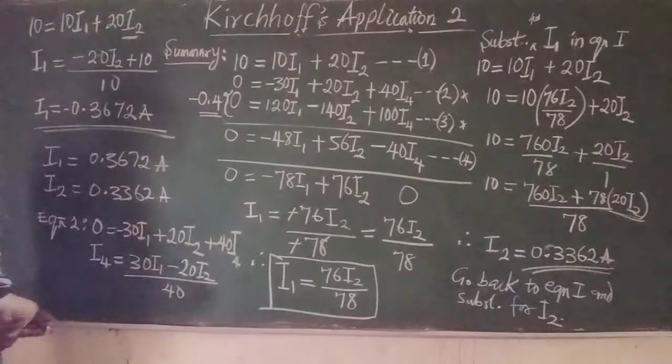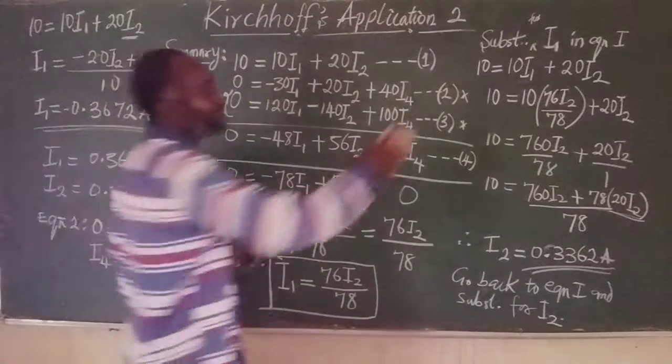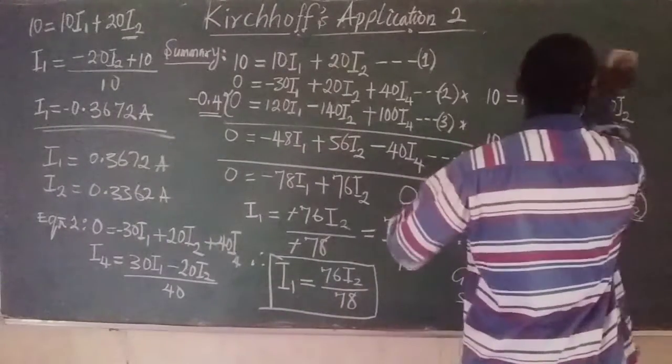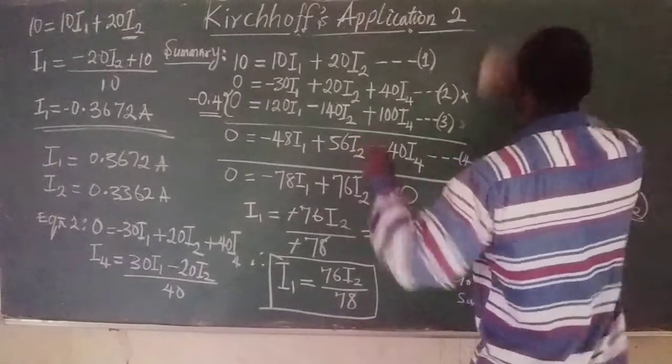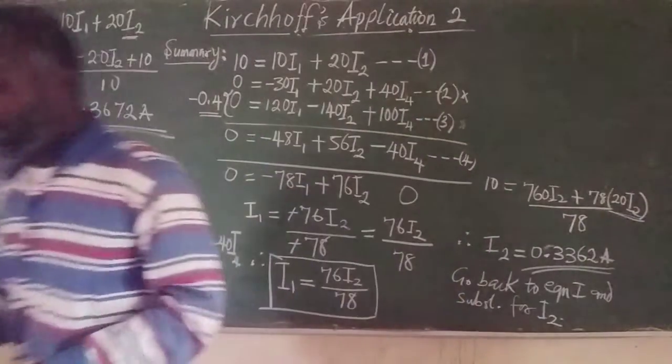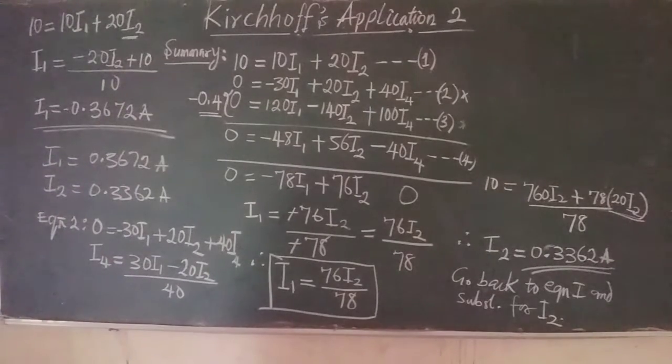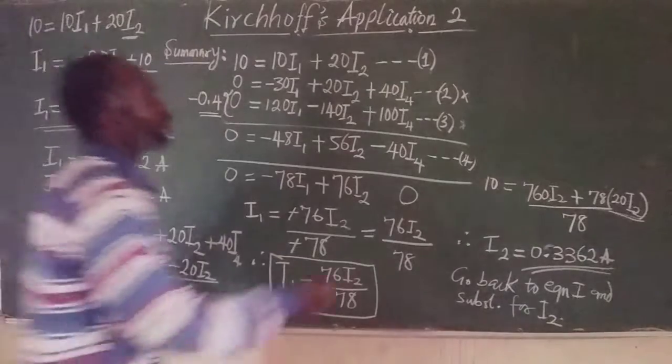So we are going to do that right away without wasting time. If we substitute the values of current 1 and current 2 in this equation, we have current 4.